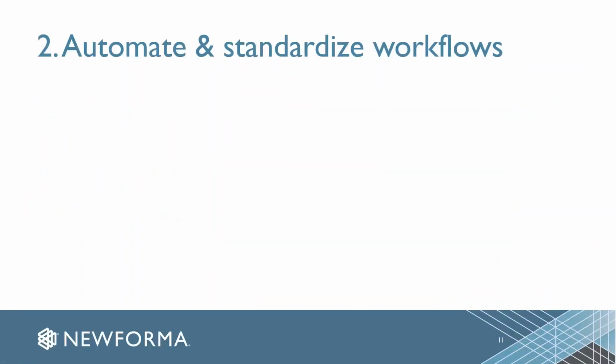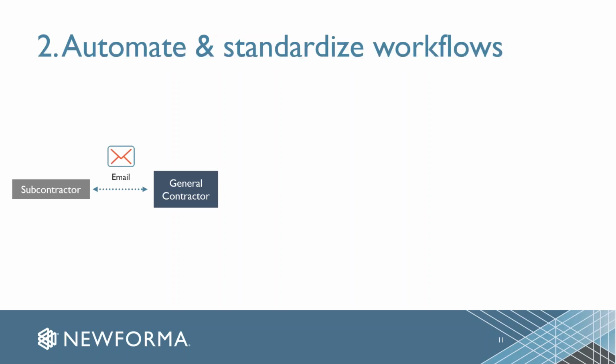So next then, of course, we're looking at how do we automate and standardize workflows, and specifically, what are some of the headaches and administrative overhead we see with RFIs and submittals, because that's a big piece here. Without a central way to work, we've got the subcontractor, and he's going to put together his submittal or RFI with the attachments.